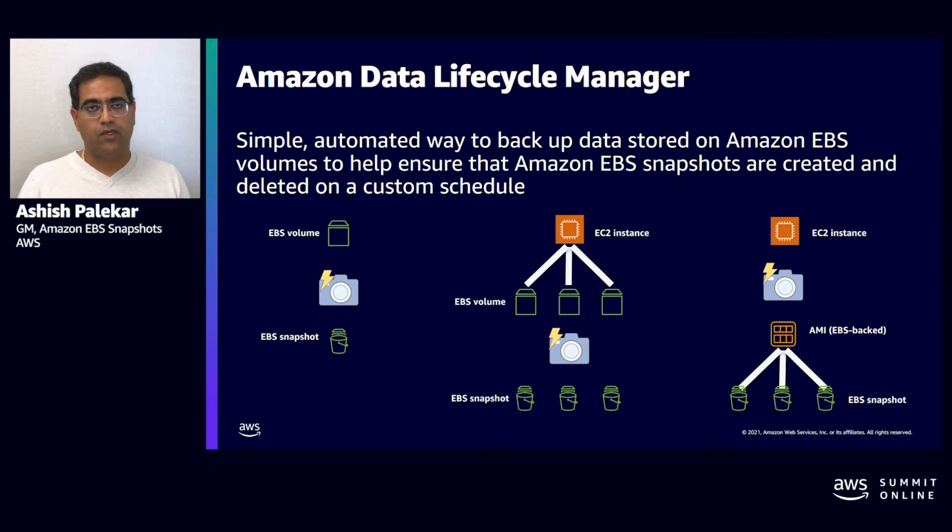And then last but not the least, you can now create an AMI based on the schedule for all the volumes that are attached to an EC2 instance. So you can operate at the level of a volume, you can operate at the level of an EC2 instance, and you can operate at the level of an EC2 instance but create an AMI.